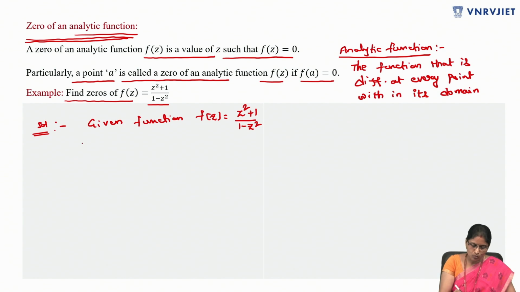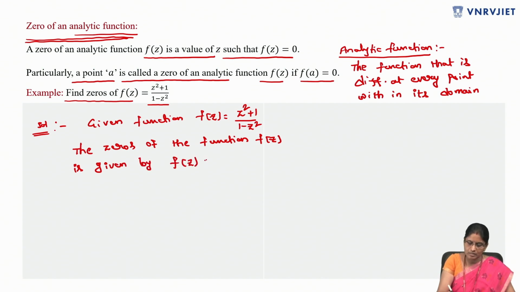The zeros of the function f of z are given by f of z is equal to 0.